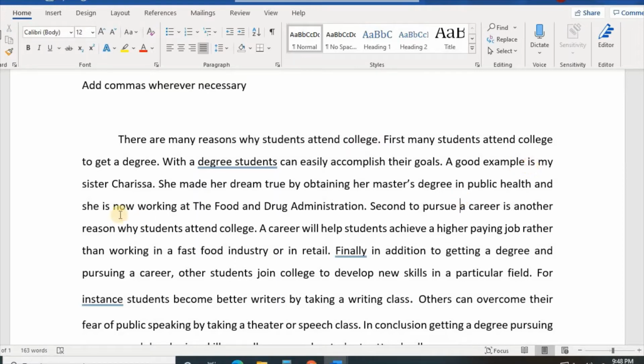First, many students attend college to get a degree. This seems to be the first major point. And at the very beginning of this sentence, we have a transition.